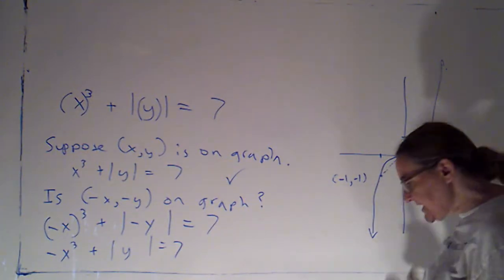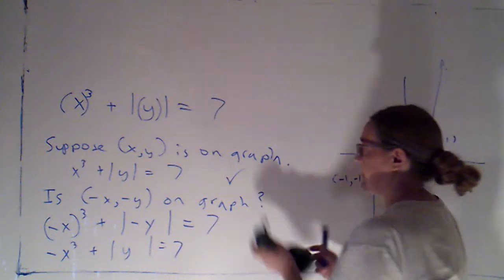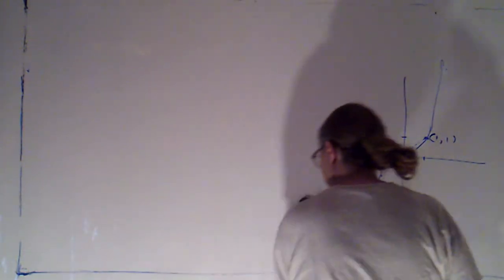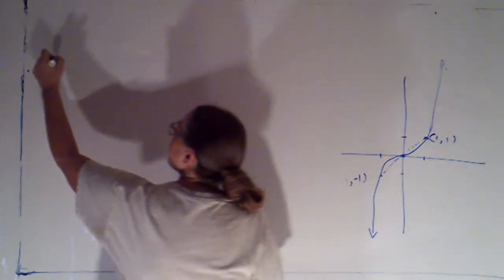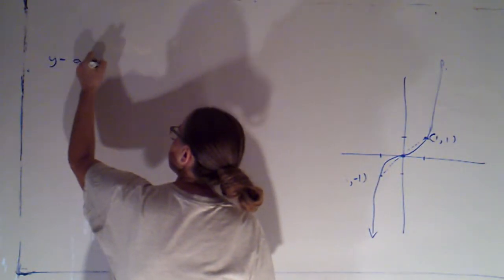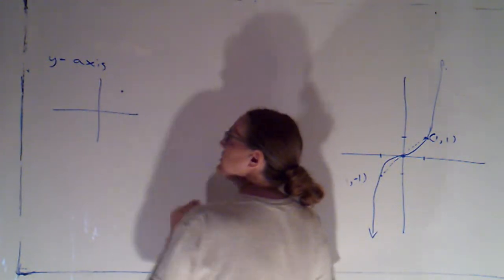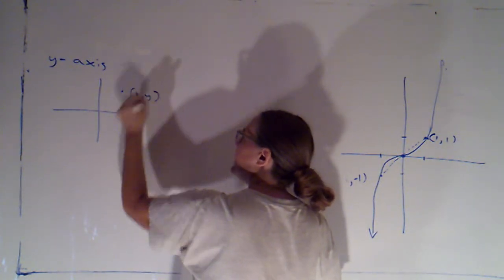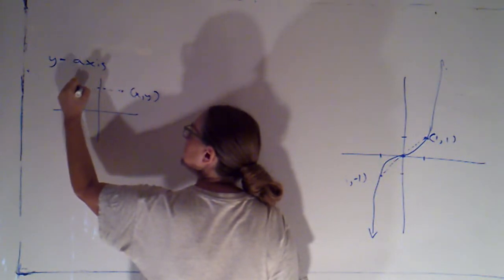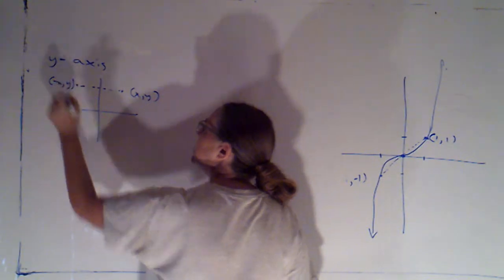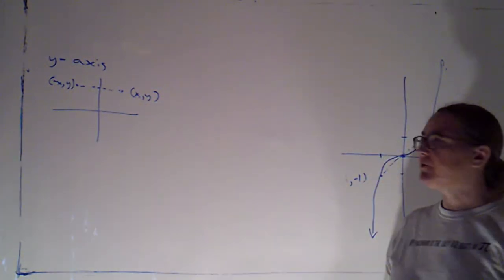So we've got these 3 different types of symmetry, and let's just summarize them. I've got symmetry about the y-axis. If that's the case, and I have an arbitrary point x, y, its mirror image would be over here. That would have the opposite x value, but the same y value.